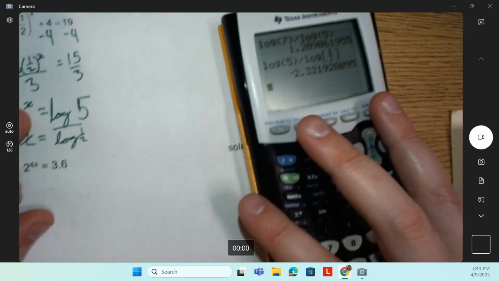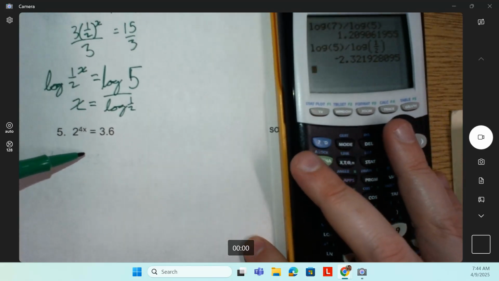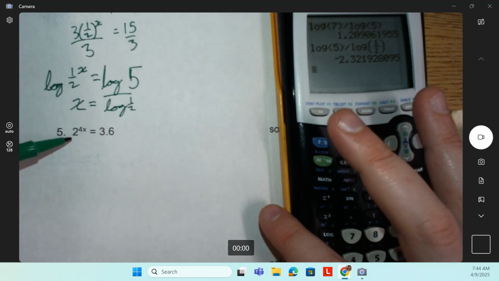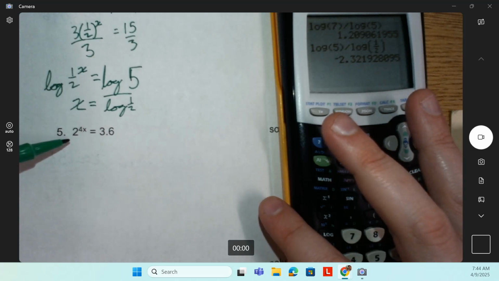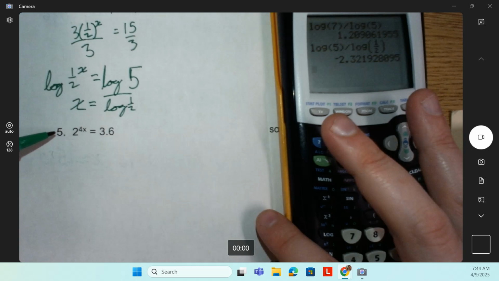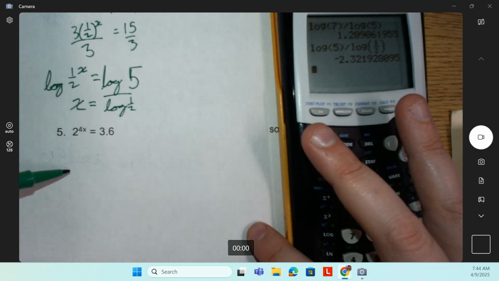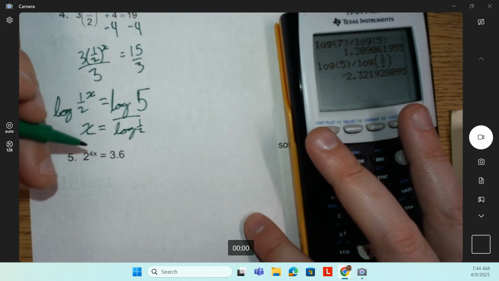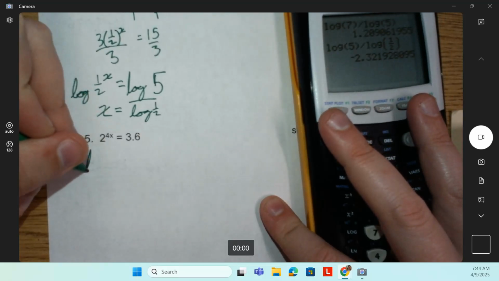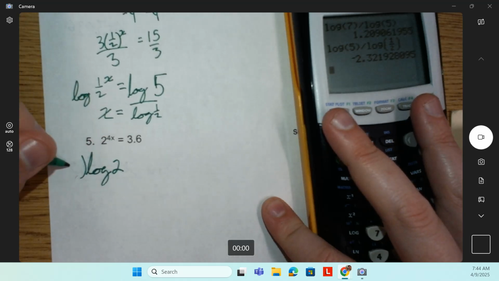Okay, now you've got maybe a little different here, but the only real difference is that we're going to do the log function and then have some algebraic steps to do. So mainly I'll do the log of 3.6 over log of 2, and then you're going to get that equal to 4x. My last step would just be to divide by 4. So it's log 2, but I'm moving the 4x up.